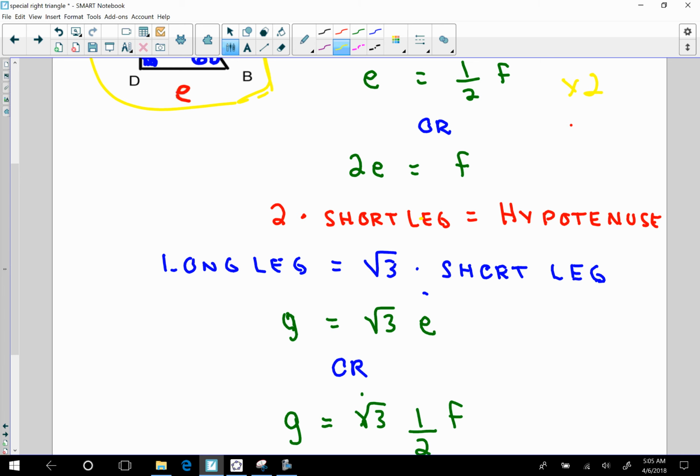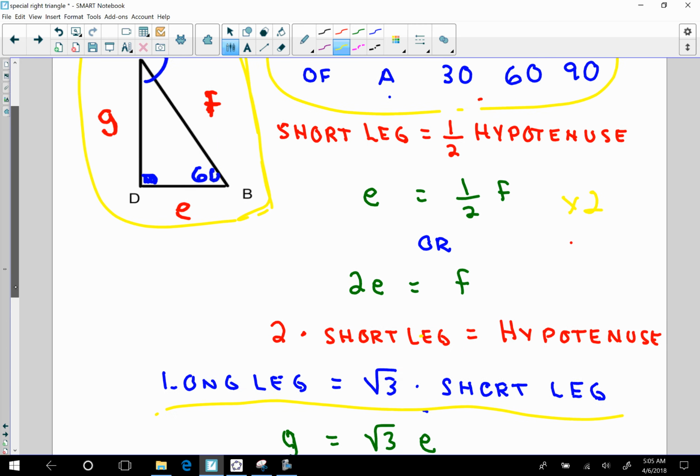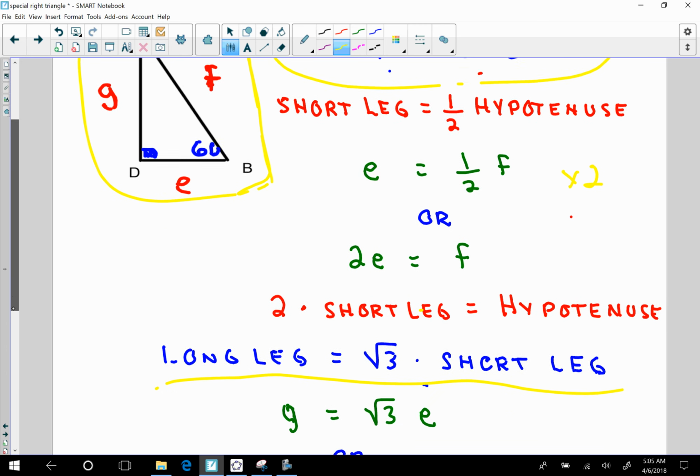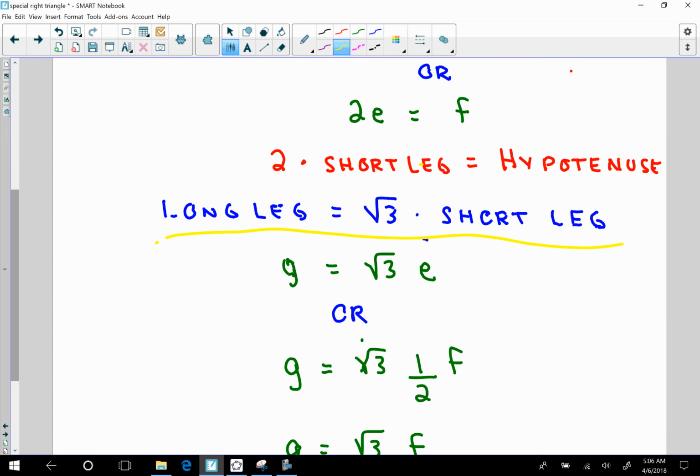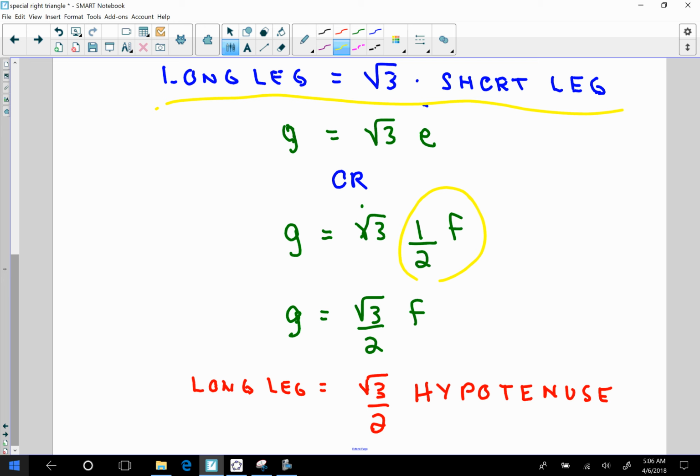Therefore, G in our diagram is going to be the square root of 3 times E. Or, what's E? E is 1/2 of F. Therefore, G is equal to square root of 3 over 2 times F.